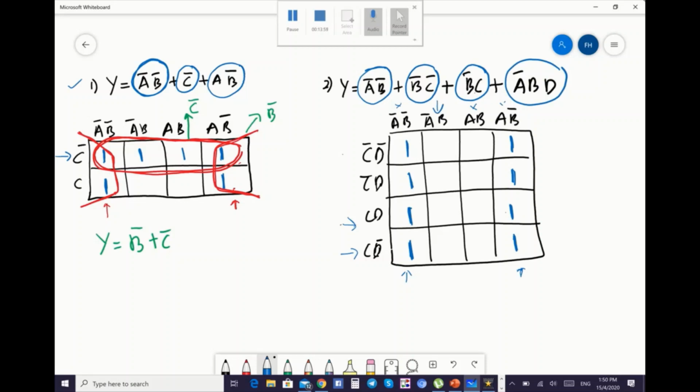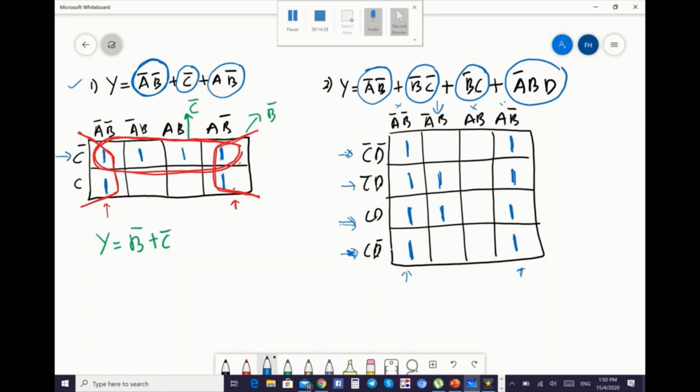These 2 columns have D. So you don't have to look at these 2 rows. Which cells have A bar and B and D? You must combine all 3. So here you have A bar, B and D. Here also you have A bar and B and D.